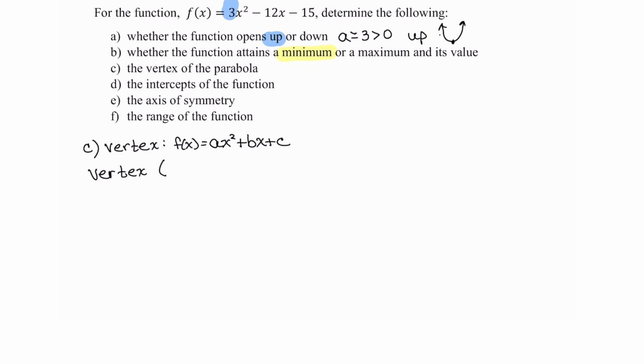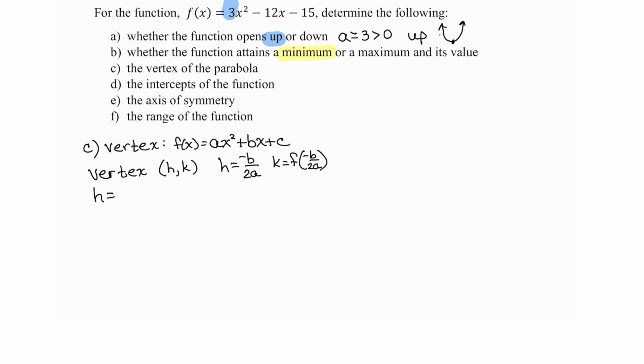is the ordered pair h comma k, where h we can find by the opposite of b over 2a, and k we can find by running that number through the function. So here our h, well, a is 3, b is negative 12, and c is negative 15.